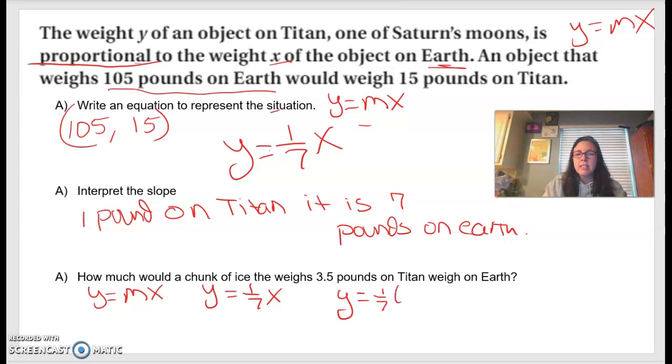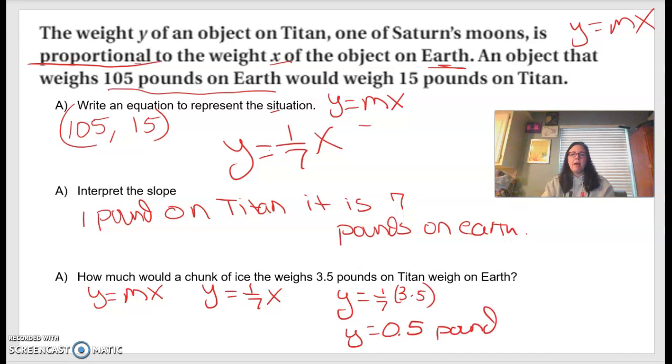So 1/7 times 3.5. So y equals, and you can use your calculator, I don't mind. It's going to be 3.5 divided by 7. So it's going to be 1/2 pound.